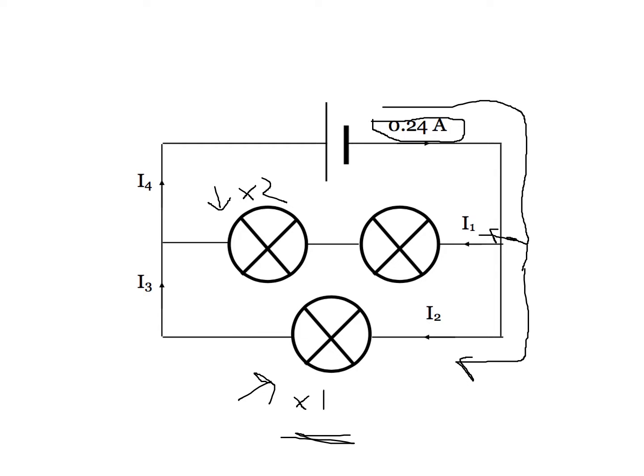And the reason for that is because this has double the resistance, so that means it's going to have half the current compared to this bit, which has only got the single resistance. So there's lots of ways you can do this. You can do it by trial and error. You need to find a combination of numbers that has 1, and then if you double this, you can add the two together to give you 0.24.